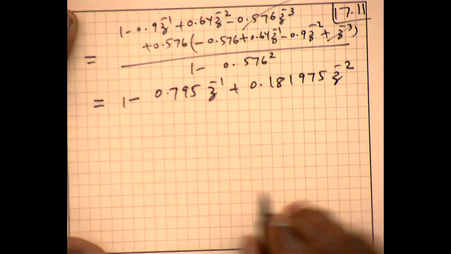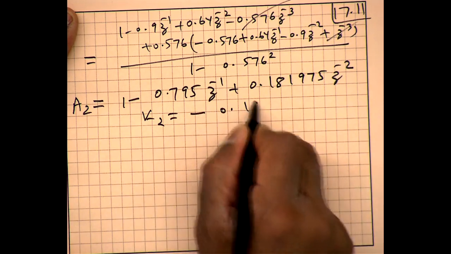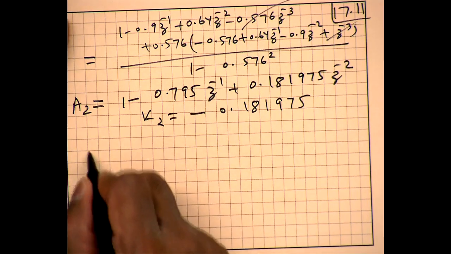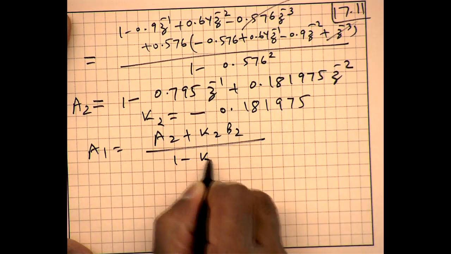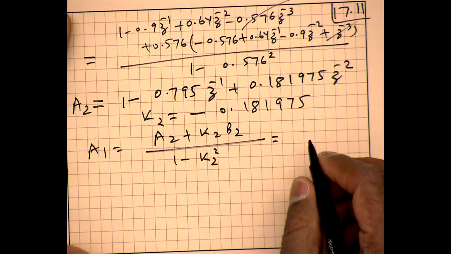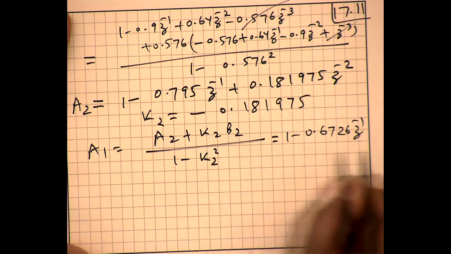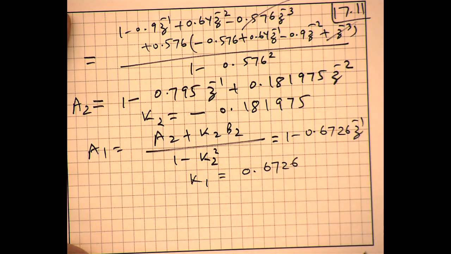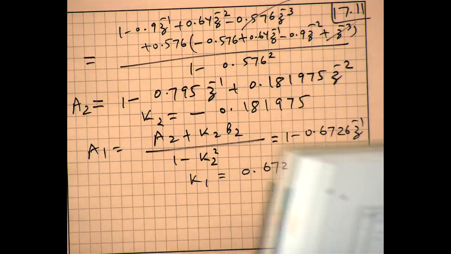And from that, now that we know A_2, K_2 is the negative of the leading coefficient, minus 0.1975. And then you keep going to A_1. A_1 will be A_2 plus K_2 B_2 divided by 1 minus K_2 squared, and that's equal to 1 minus 0.6726 z^-1, and that tells you K_1 is 0.6726, the negative of the leading coefficient.